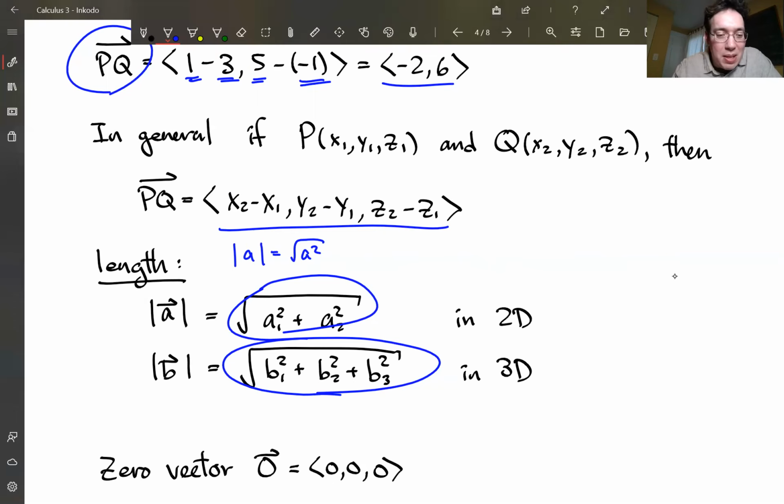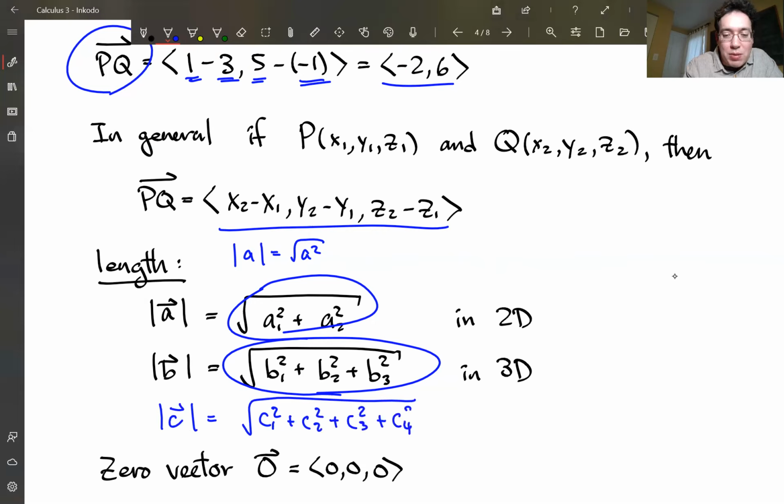And you might imagine if there were such a thing as 4-dimensional space, and if you wanted to measure distance in this 4-dimensional space, maybe this is an appropriate formula.